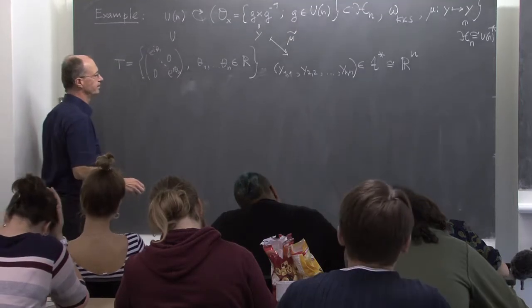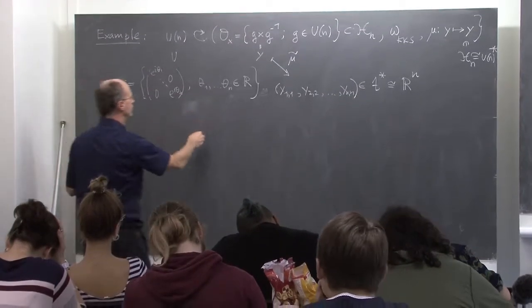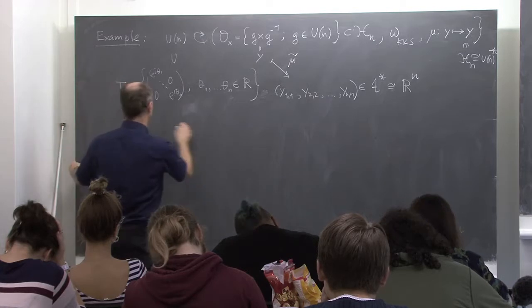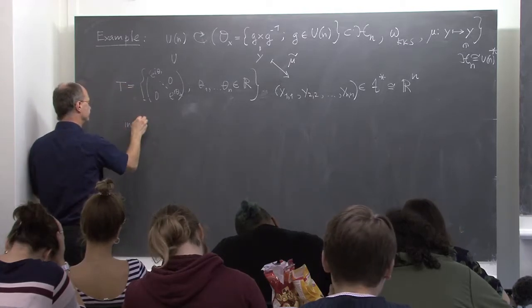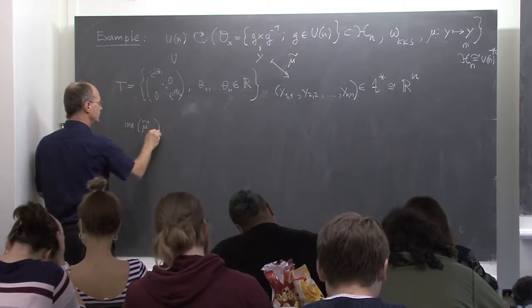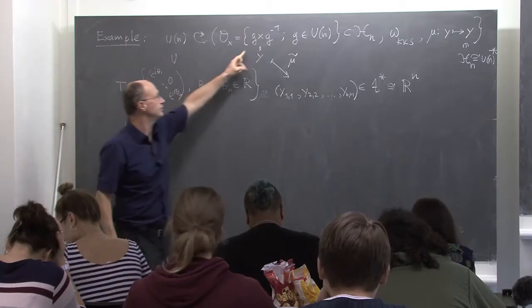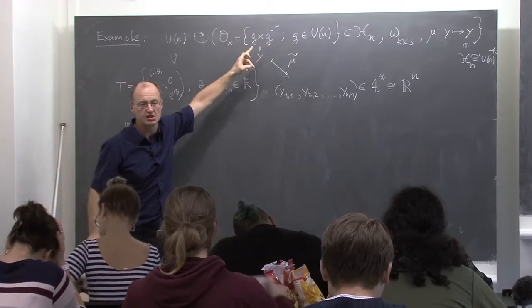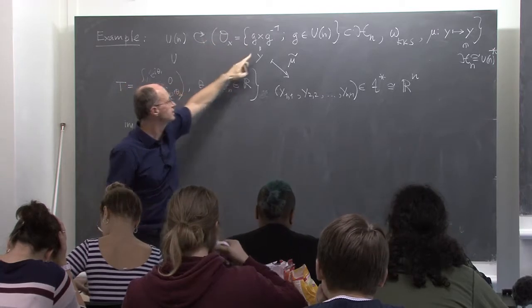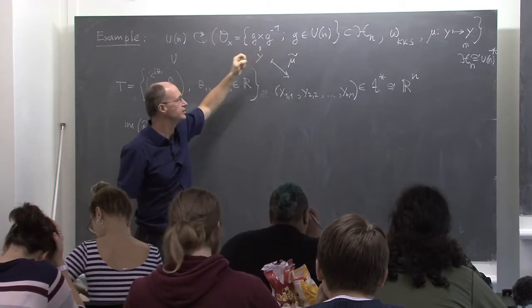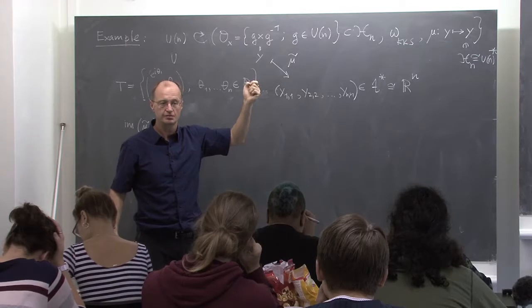So very good. So we would like to know what's the image of mu tilde. So in other words, we take this conjugacy class. So the conjugacy class consists of all the Hermitian matrices with fixed eigenvalues, right?